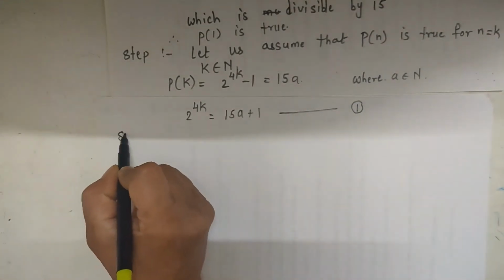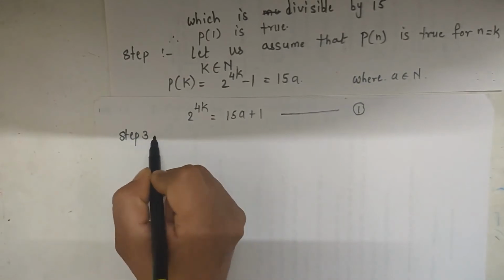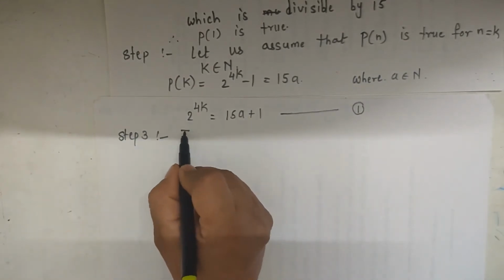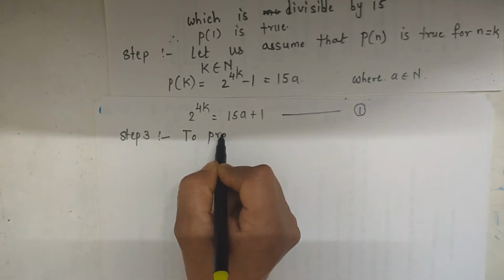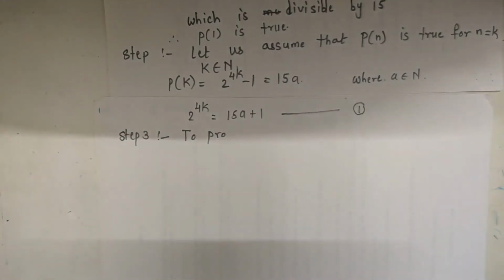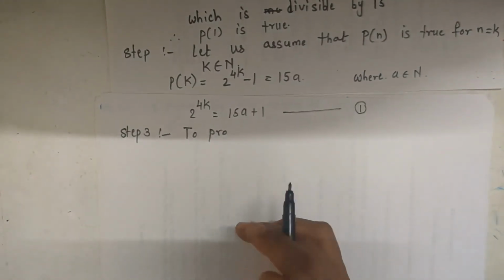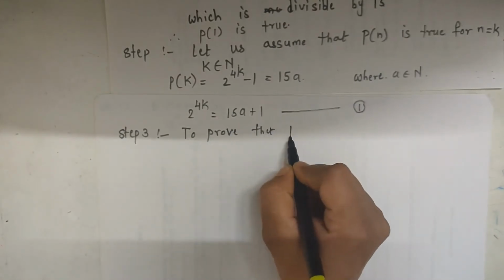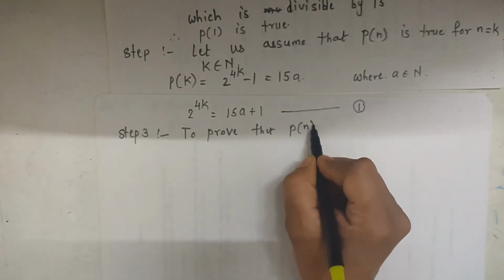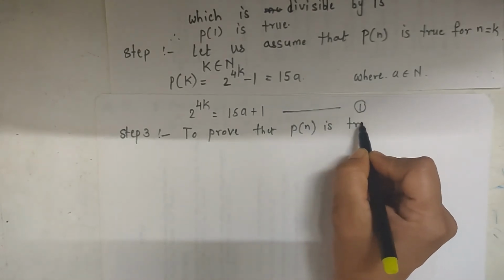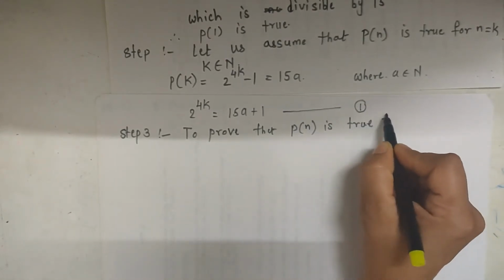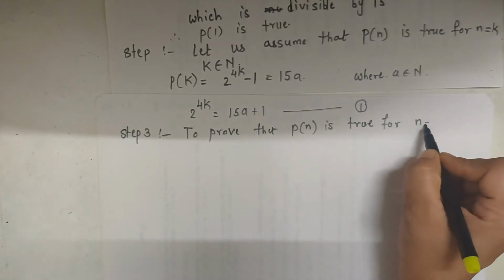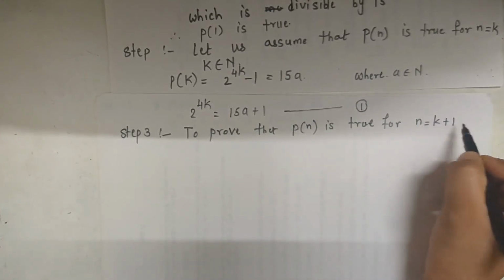Now in step 3, we have to prove that P of n is true for n is equal to k plus 1.